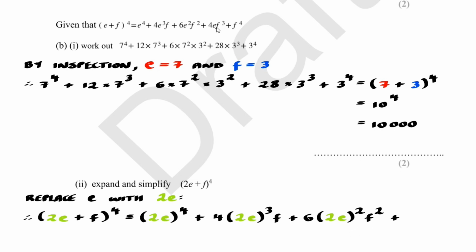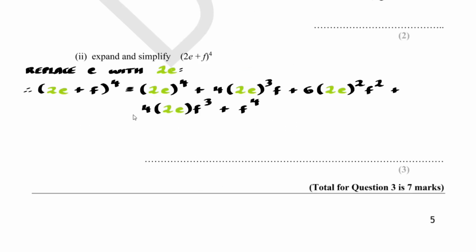Instead of us having 4e f cubed, we would have instead 4 multiplied by 2e multiplied by f cubed, and then we add on to this f to the 4. So let's simplify all this. 2e to the 4, that's 16e to the 4.